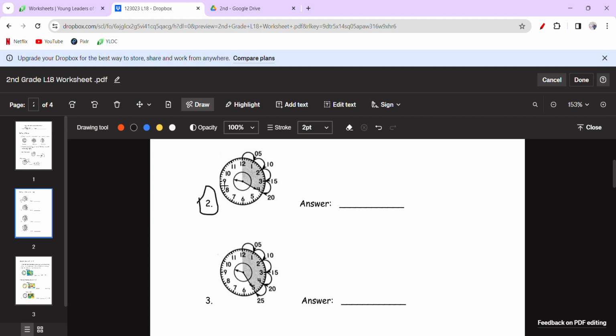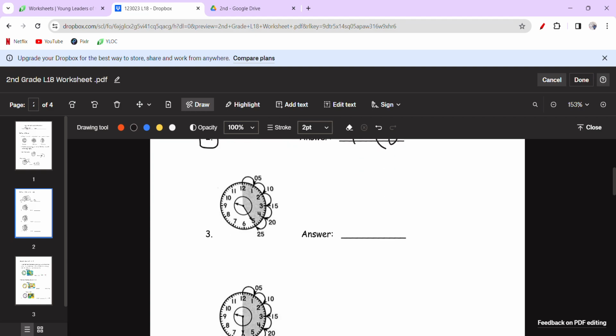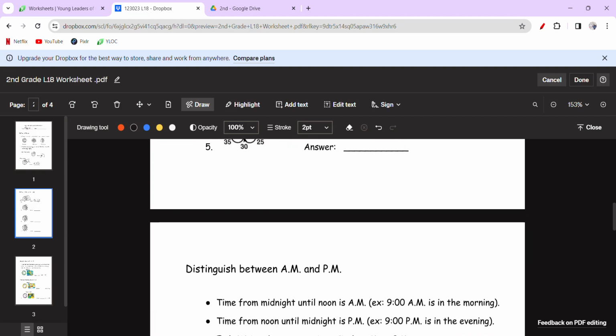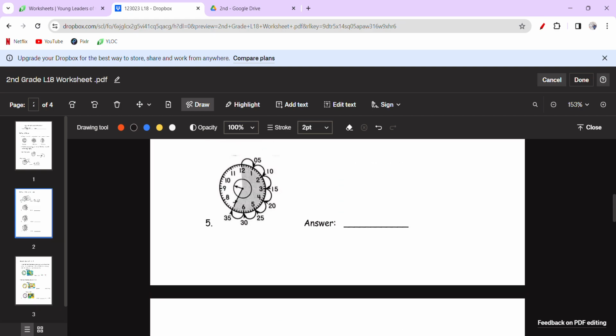The hour hand is, again, still around 9. And then the minute hand is at 4, so we'll do 5, plus 5, 10, plus 5, 15, plus 5 is 20. So just like that, they're going by 5 by 5. Let's try number 5.